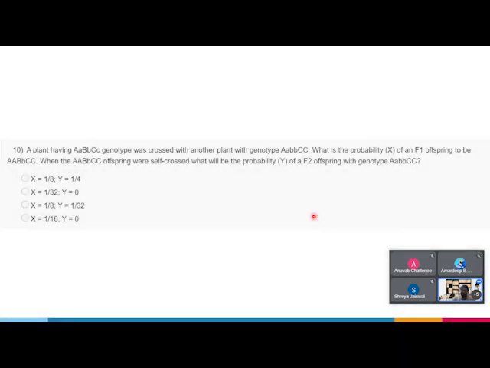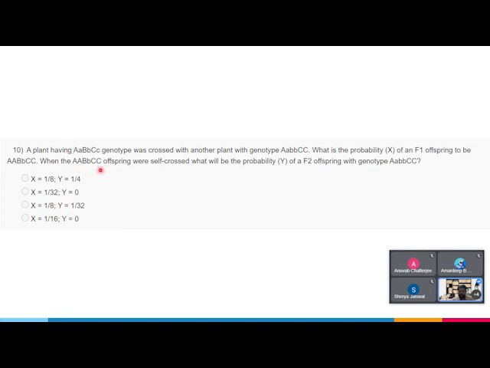So we go to the last question of today, which is: a plant having genotype capital A small a, capital B small b, capital C small c was crossed with another plant with genotype capital A small a, capital B small b, capital C capital C. What is the probability X of an F1 offspring being capital A, capital B small b, and capital C capital C?